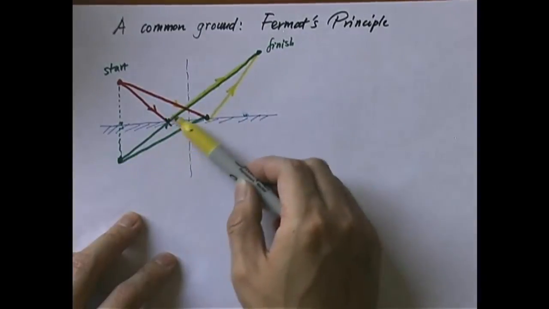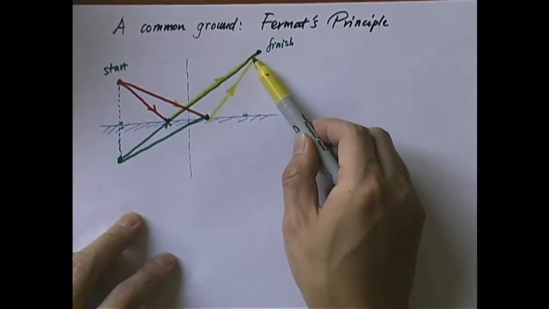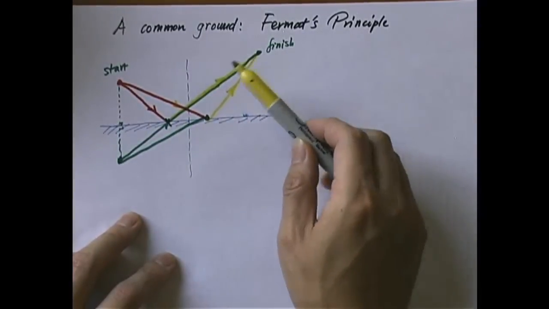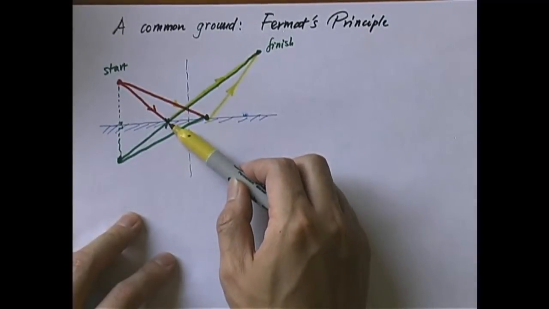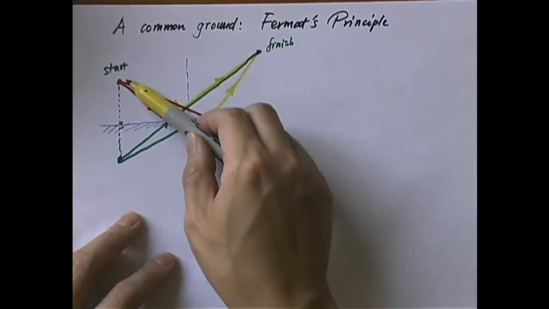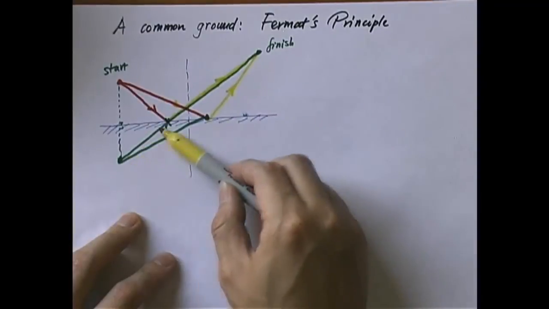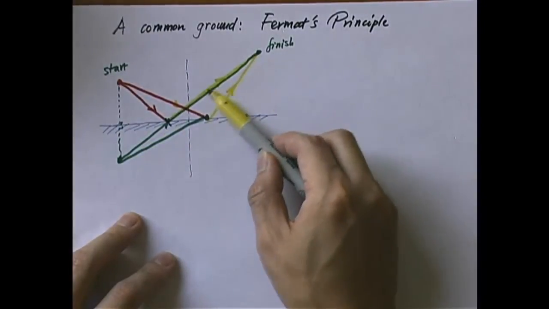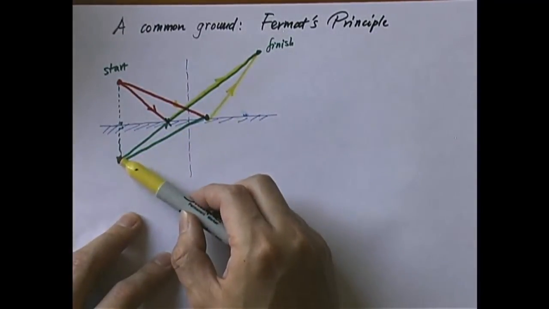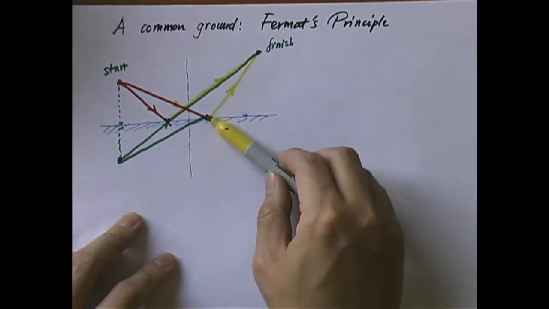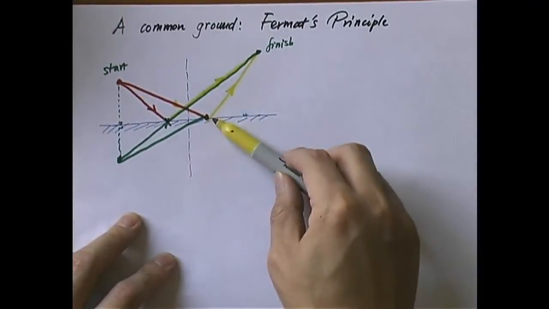From here to there. And this yellow line is another part of the path. So if you land here, then the total distance traveled would be this plus that, which is the same as this plus that. It is just this whole segment of length, which is shorter than this plus that, which is the same as this plus that.